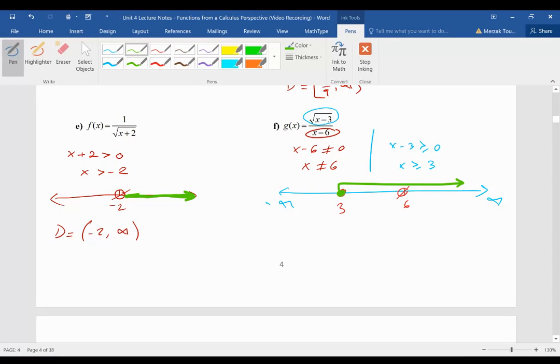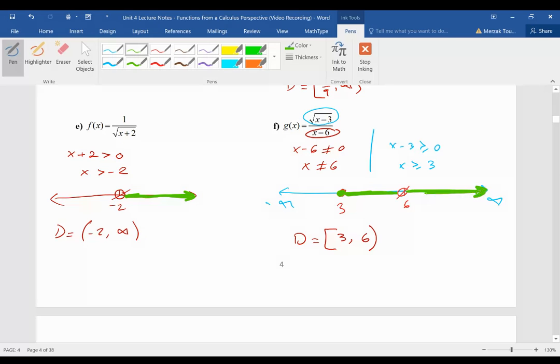6 cannot be included. So when we write the interval notation for this domain, we start with 3, comma, we do not include 6, so we use a parenthesis. Let me do it this way instead, so it'll be more clear. We include everything from 3 up to 6, but we do not include 6, and then everything greater than 6.